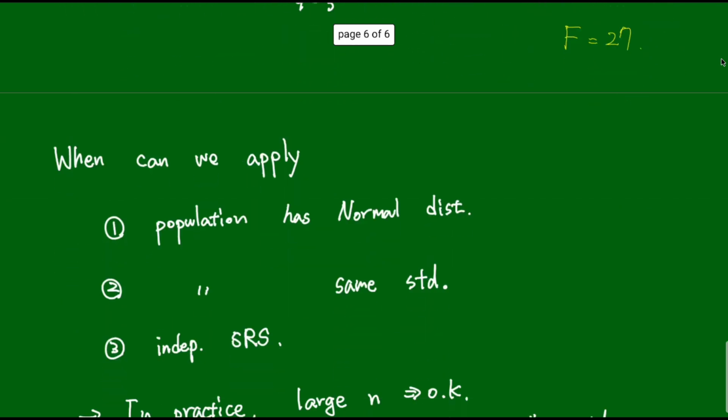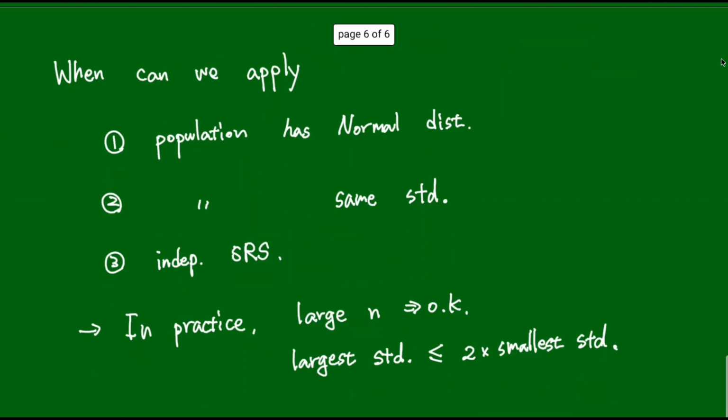So now we understand why we use the F statistic for testing the null hypothesis, that all the population means from each group are the same. And now I want to give you the situation where we are safe to apply ANOVA.